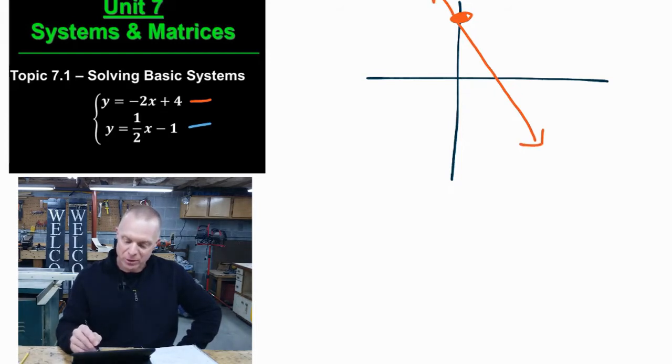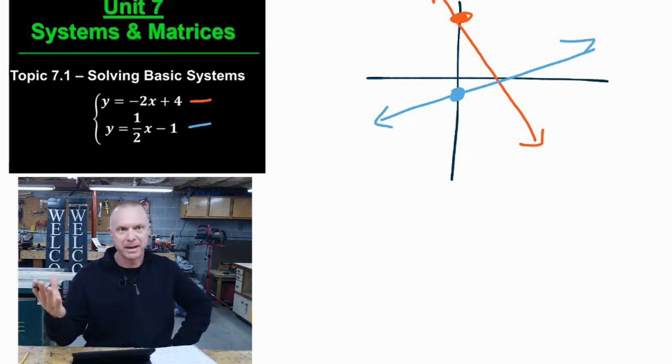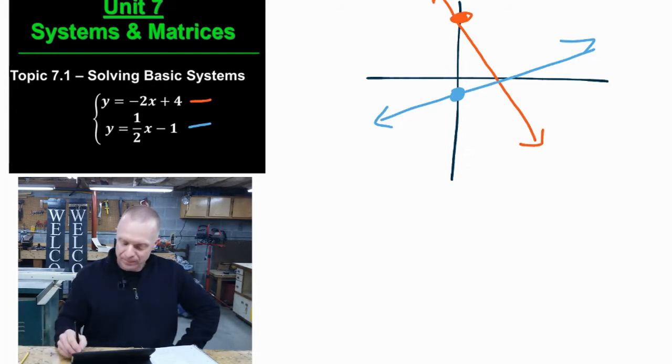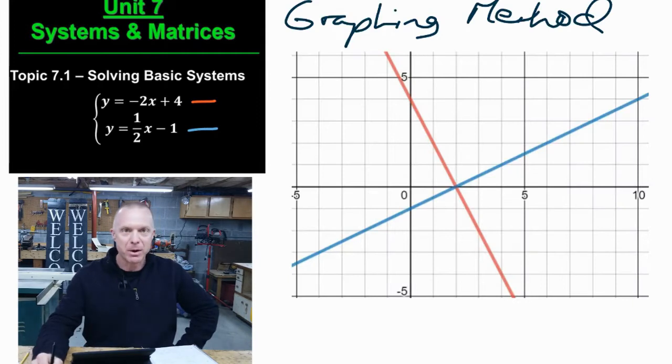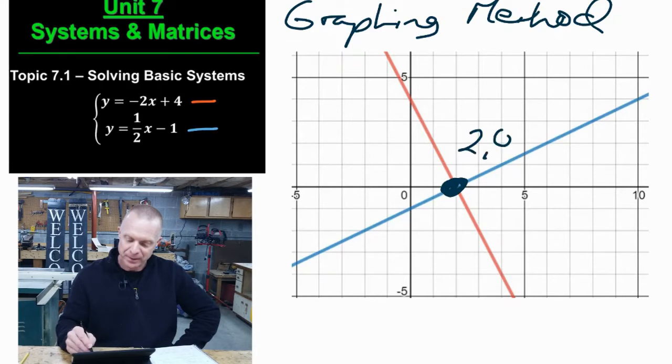And then I could draw a line that has a y-intercept of negative 1 and a slope of 1/2. Now, obviously, my answer is only as good as the accuracy of my graph. If I was able to graph this on some nice paper, or maybe using Desmos, it would be a lot easier to see that intersection point, which looks like 2, 0.